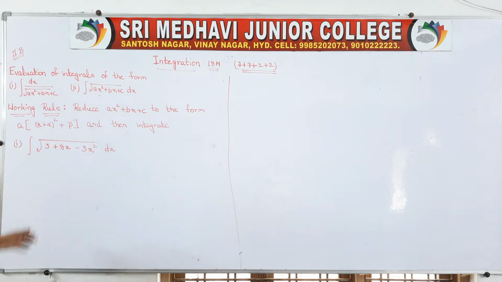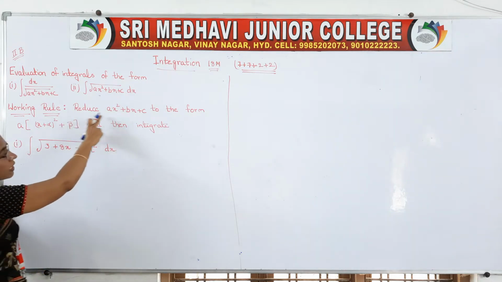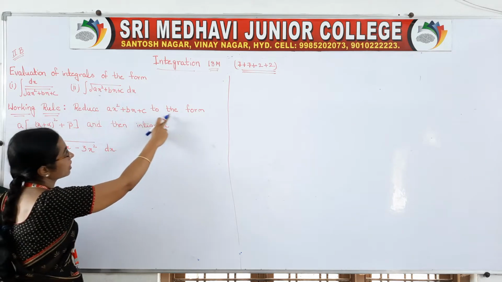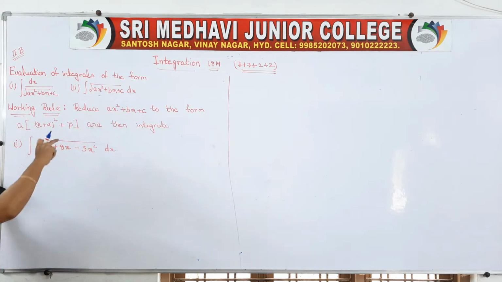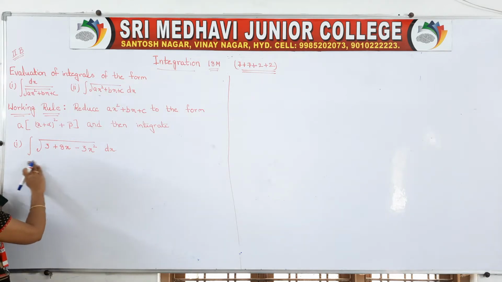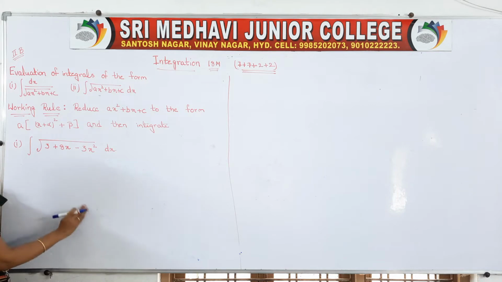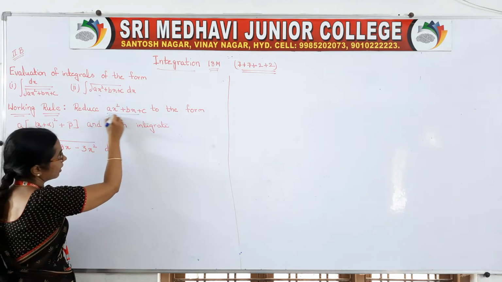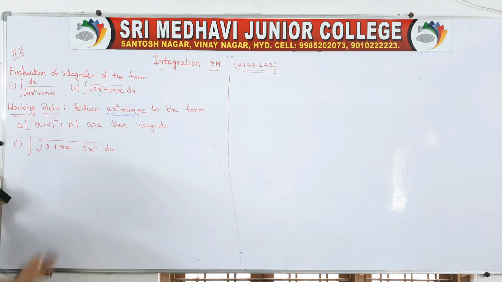Okay, so what is the working rule? The working rule is: reduce ax square plus bx plus c to the form, this form you have to reduce and then integrate. So come on, this is the given problem. First reduce this into this form, then apply the integral and the root, all those things.